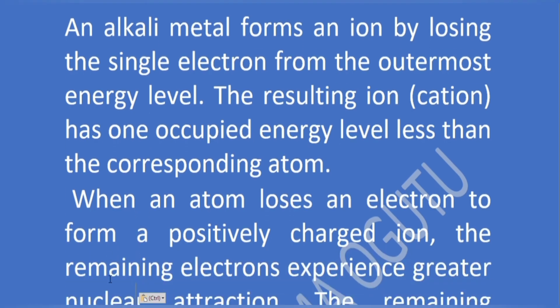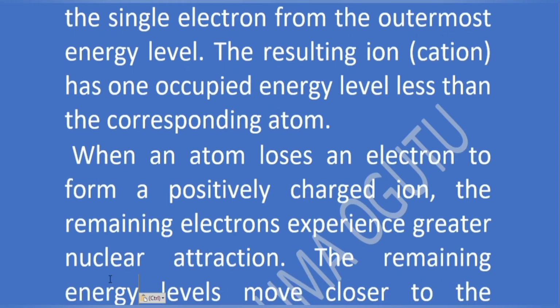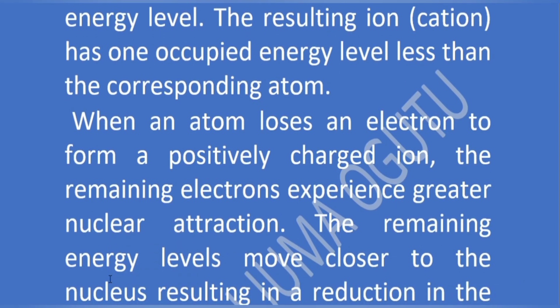Remember, because the outermost energy level has only one electron, we are losing the entire energy level, meaning that the ion and the atom have a difference of one energy level. When an atom loses an electron to form a positively charged ion, the remaining electrons experience a greater nuclear attraction. So the remaining electrons will cling more together, because the force holding them will be greater.